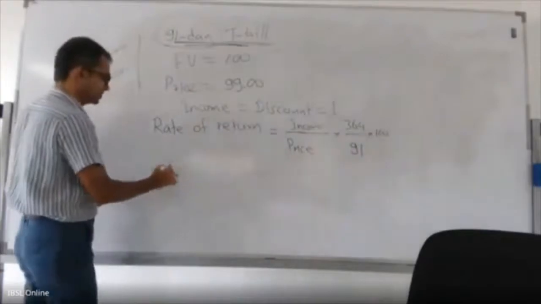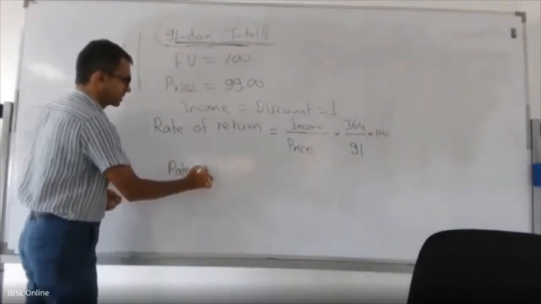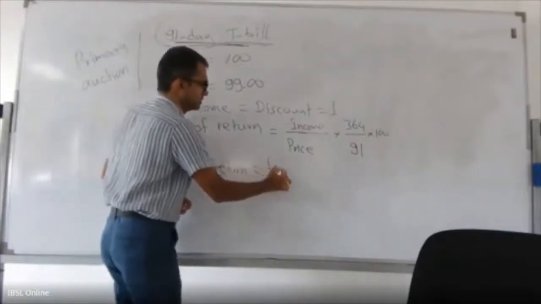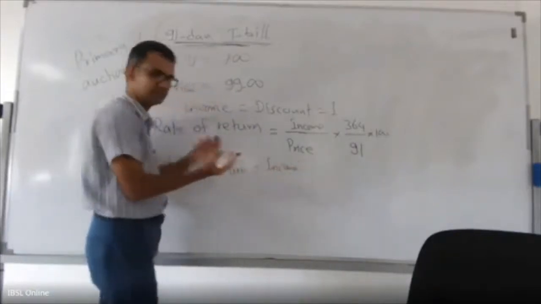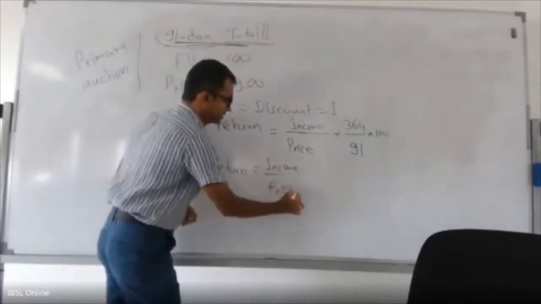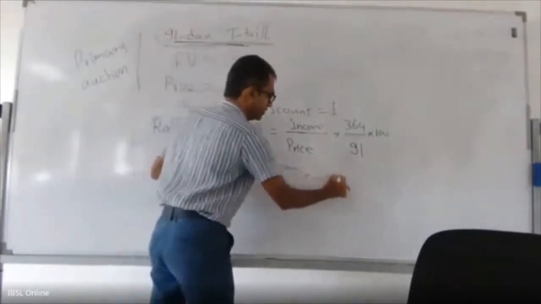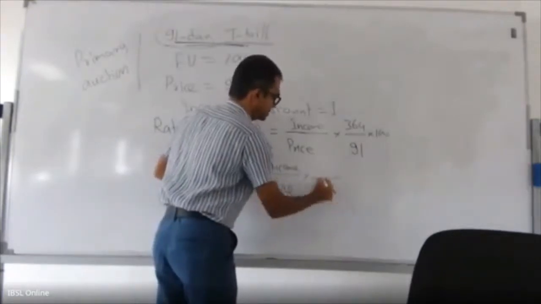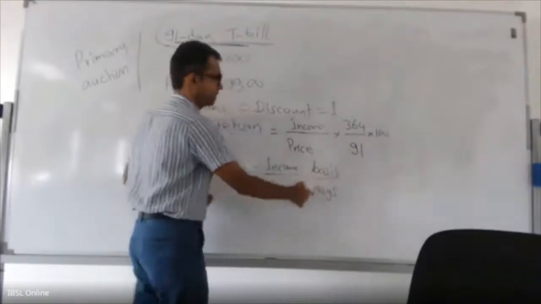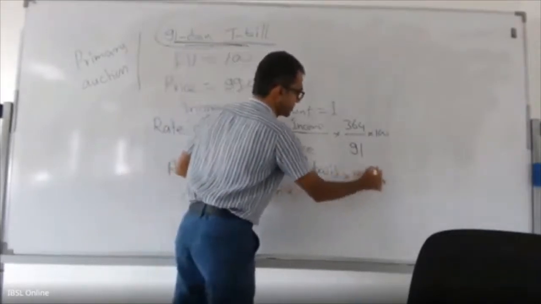So in general, rate of return is income, or in this case the discount, divided by the price, that is the invested amount, into basis, divided by days, into 100.